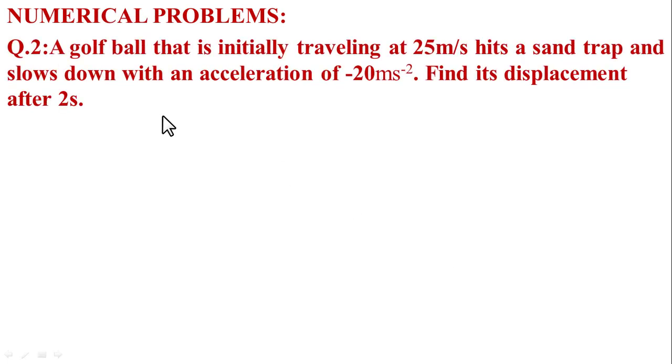In question number 2, a golf ball initially traveling at 25 meter per second hits sand, then slows down and the acceleration is minus 20 meter per second square. Find the displacement after the time 2 seconds. Now, first of all, write the given data.